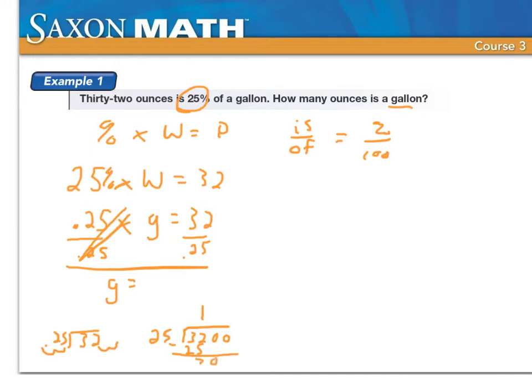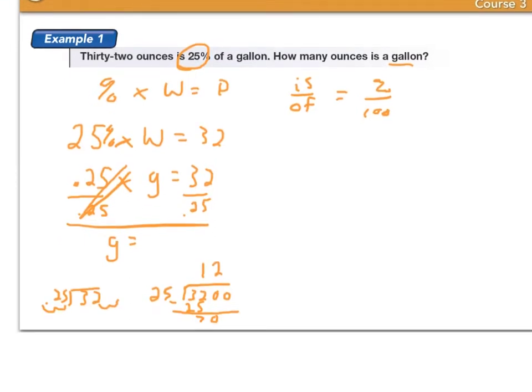That leaves me with 7, 0. 25 goes into 70 twice. And 2 times 25 is 50. And I subtract, and I get 20, and then I got to bring down this 0. And 25 goes into 200 8 times. Okay, so it's 128. So my answer is, again, I want to know how many ounces is a gallon. So my answer is a gallon is 128 ounces.